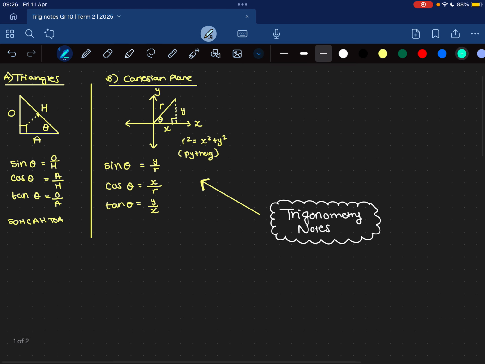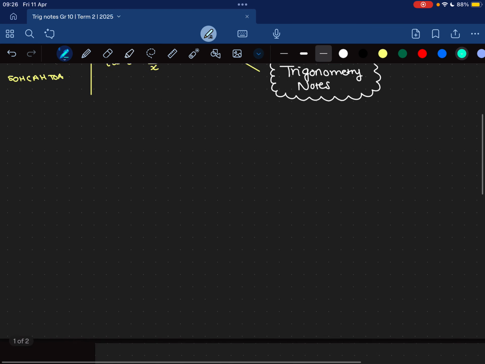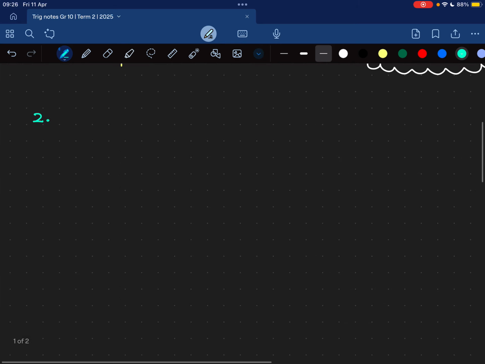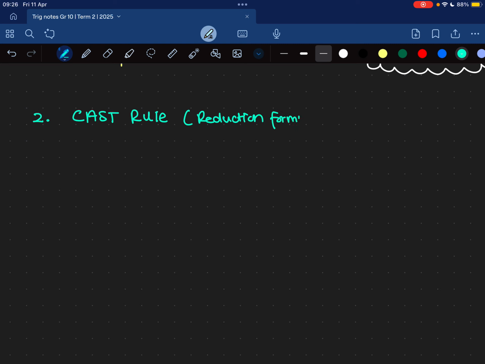Okay, moving on. The second point that we looked at is what we call the CAST rule. You'll see later on we also refer to it as the reduction formula. But we don't really look too much at reduction in grade 10.